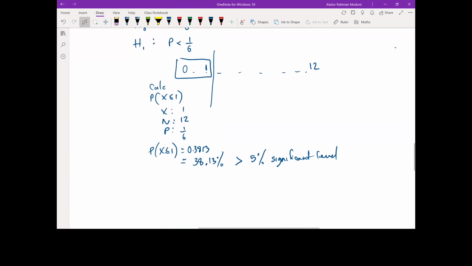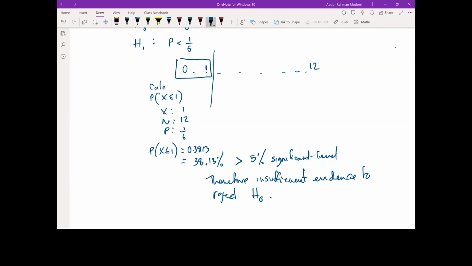Because it's not less than 5%, and is instead greater, we say therefore there is insufficient evidence to reject H0.